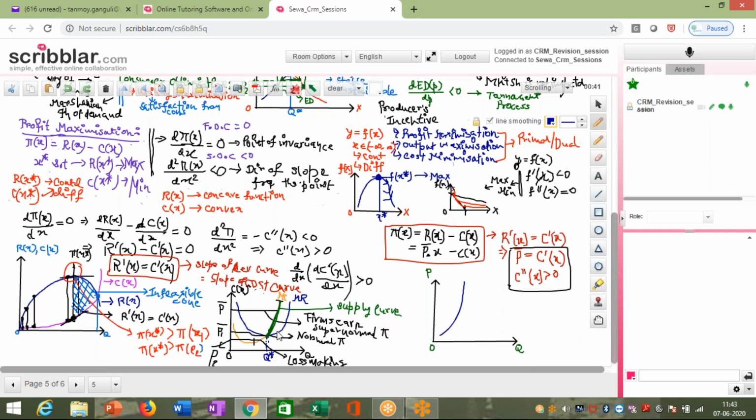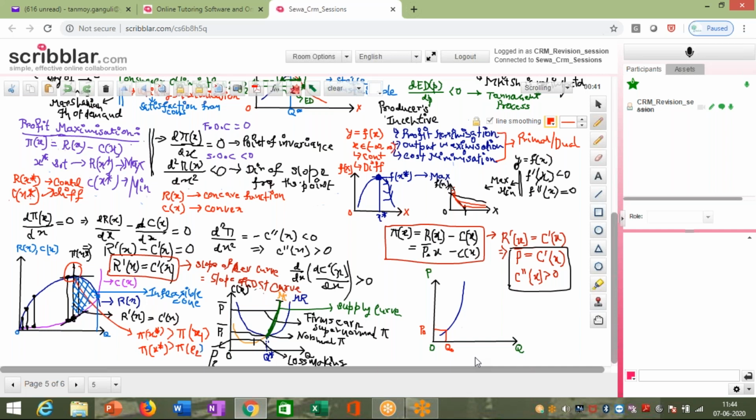Okay. So now let's have a quick look at the price. Let's say at this price, this is the quantity which is supplied, or this is the amount that the producer is willing to supply.